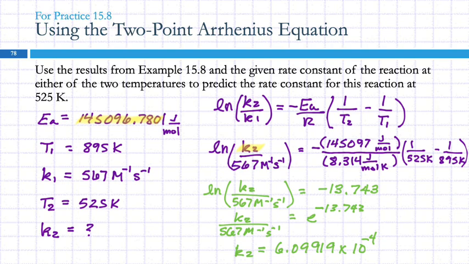The question was, does it matter if you're calling this T2 instead and you're searching for K1? Is that okay? Yeah, it's fine. If you're using the solver, it's going to make absolutely no difference. If you're doing it this way, if you're looking for K1, K1's in the denominator, and it's just a little harder to solve for.